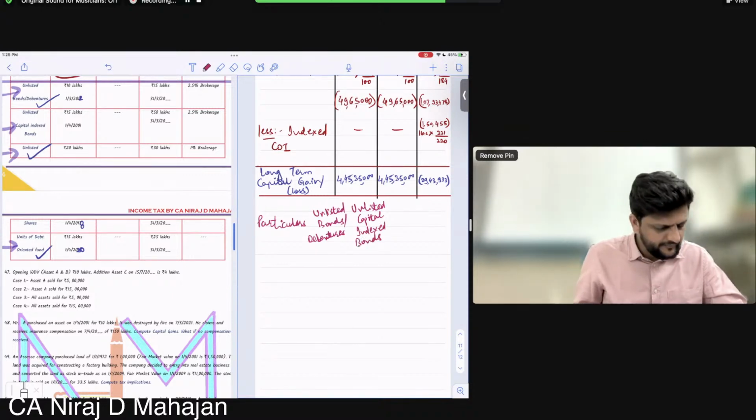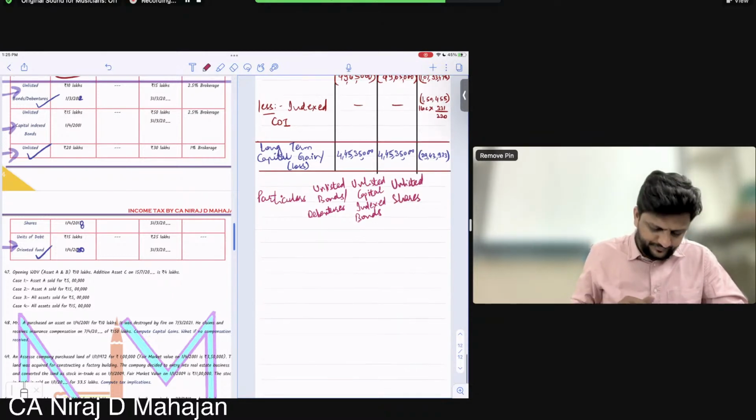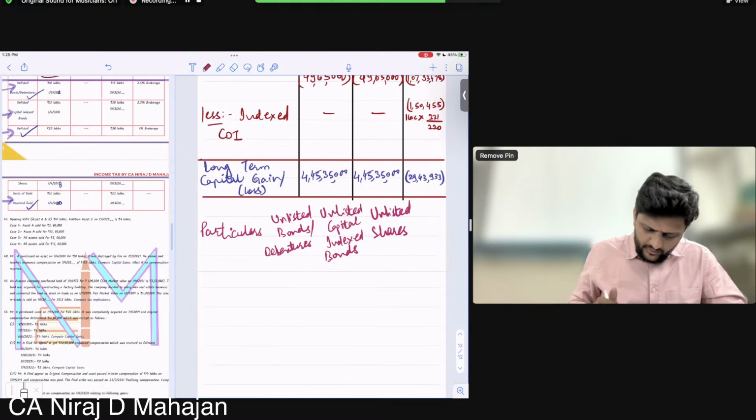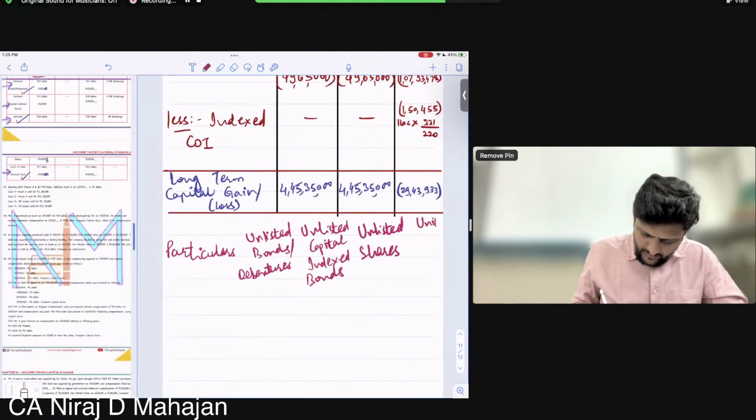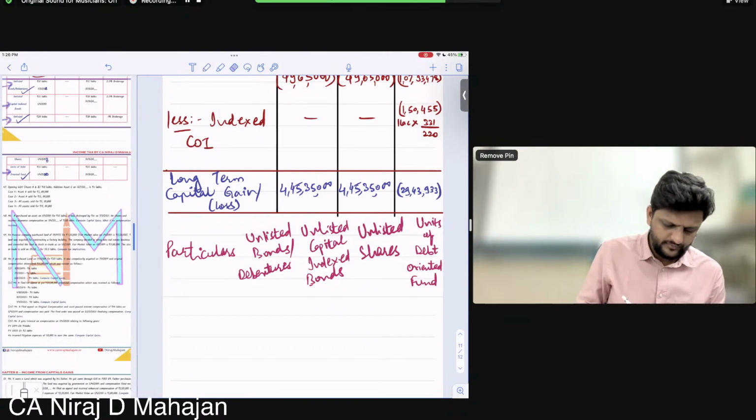Yes, everybody. Then second last, unlisted shares. And bachcho, your last one, units of debt oriented fund. Chalega? Already clear, all of you?